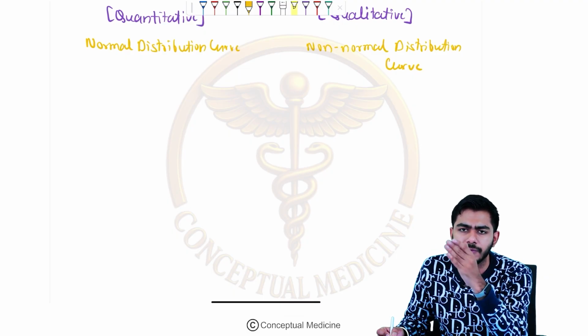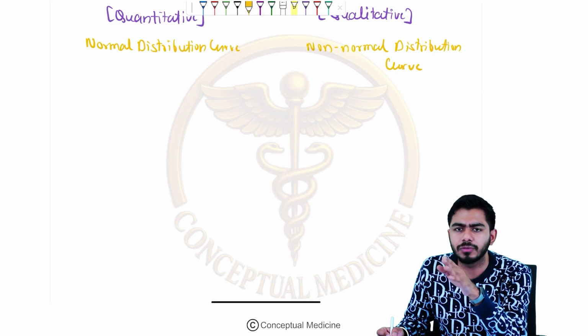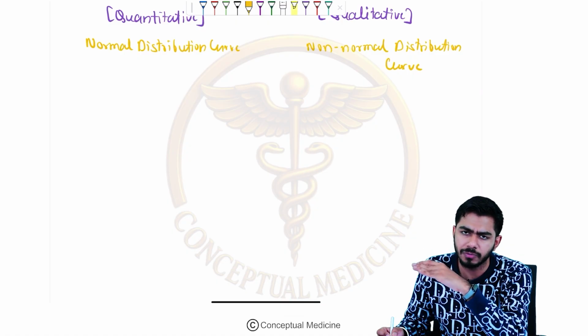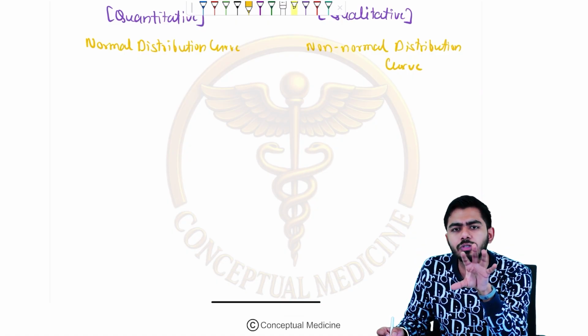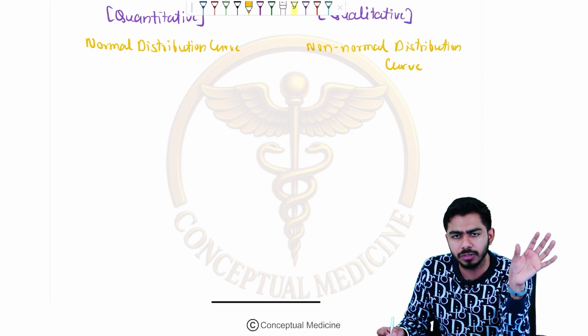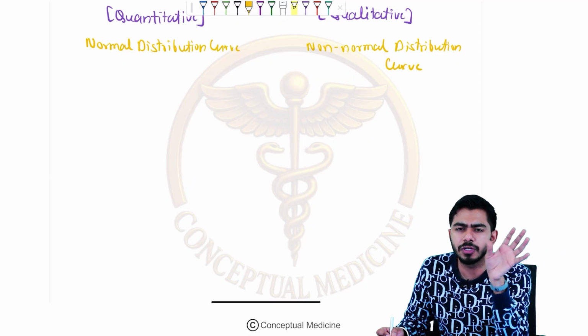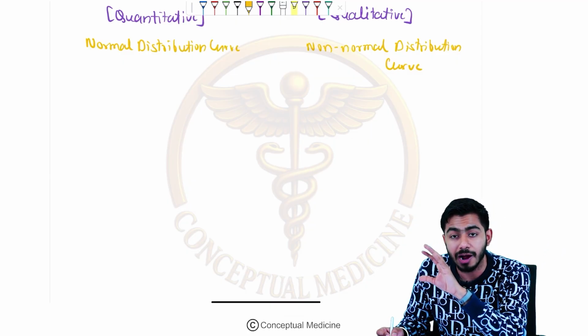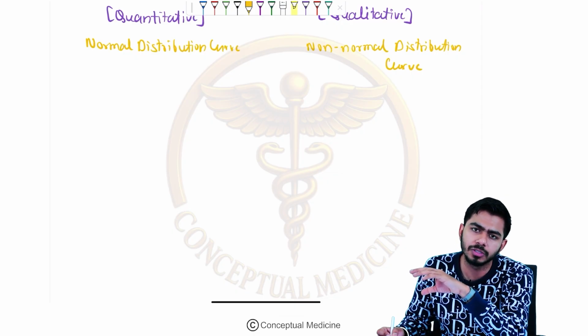After 2 hours, the 2-hour postprandial sugar, we checked again. Obviously the values will be increasing. So in the same group of 50 students, we took the random blood sugar before the glucose tolerance test, and we took the random blood sugar after the tolerance test, after giving the glucose challenge to the same group of people.